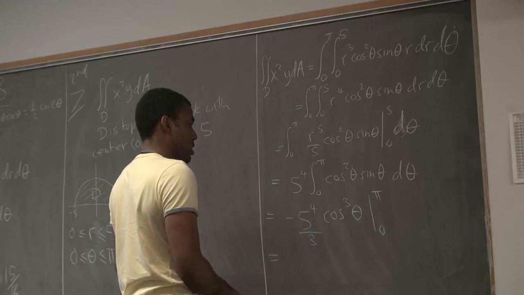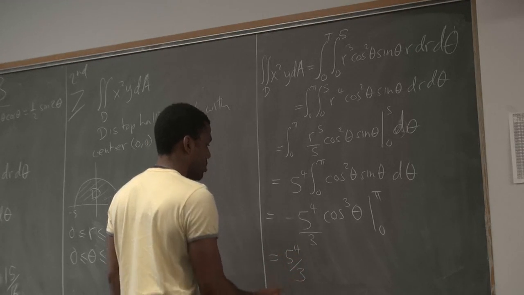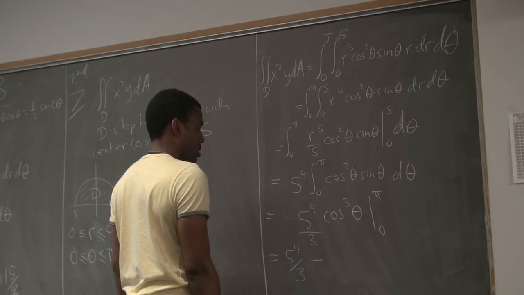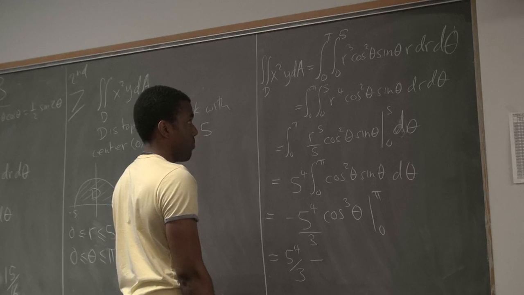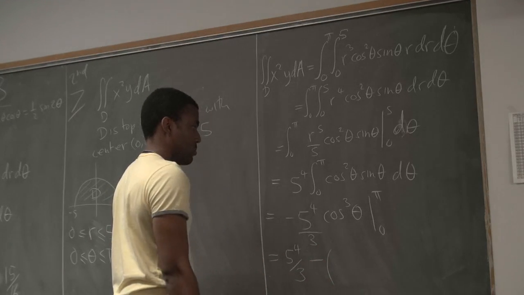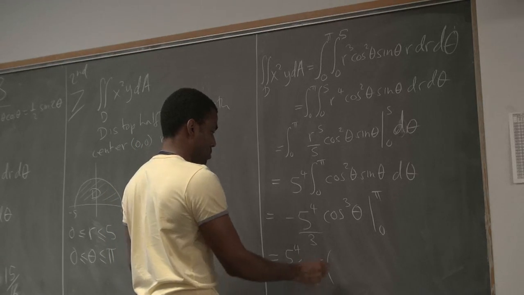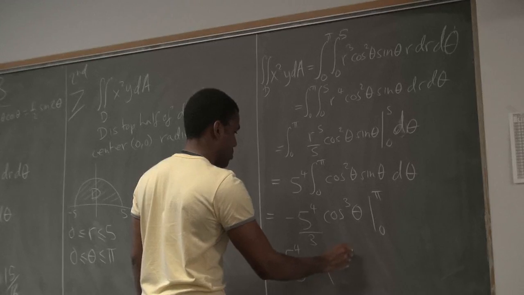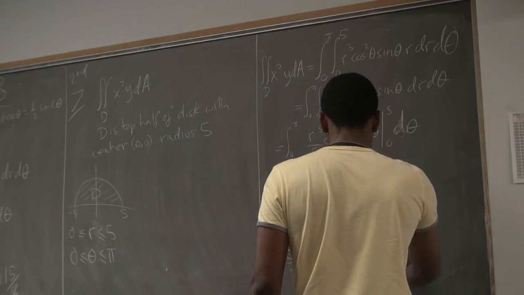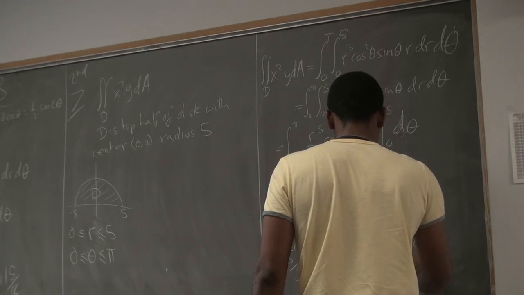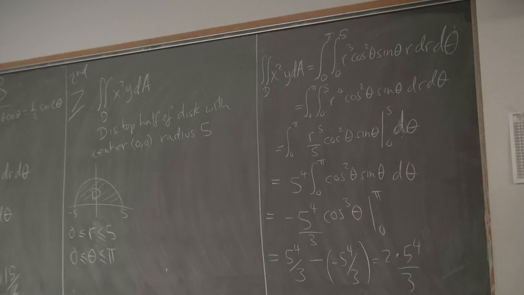Cosine of pi is minus 1, so that gives me this, minus cosine of 0, which is 1. So then you get 2 times 5 to the 4 over 3. I don't know, whatever that is. What's 5 to the 4?